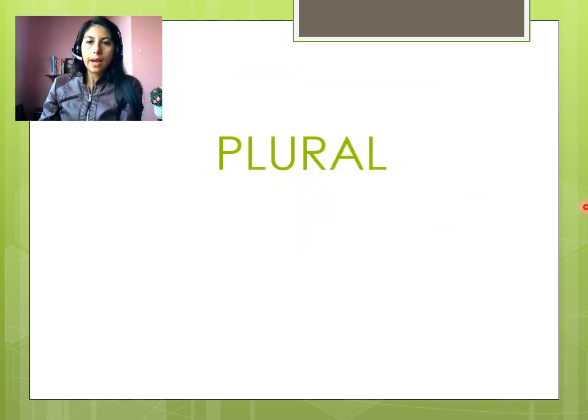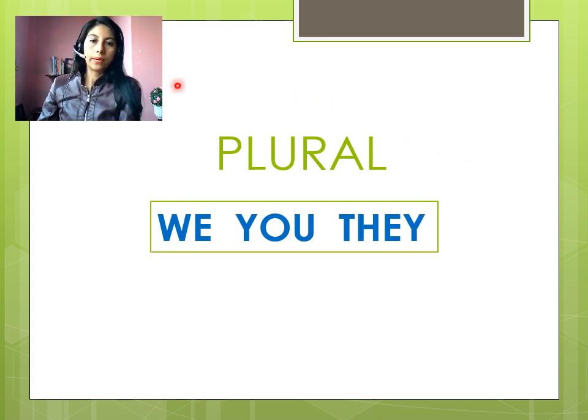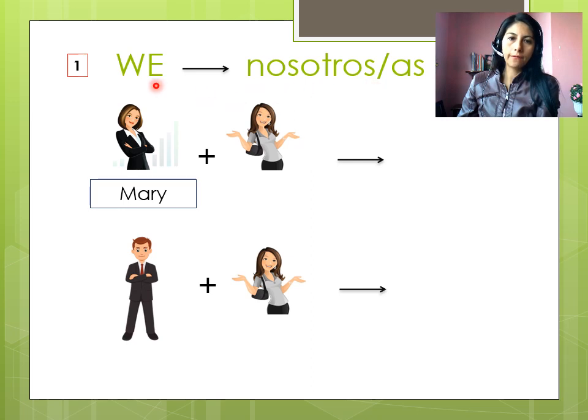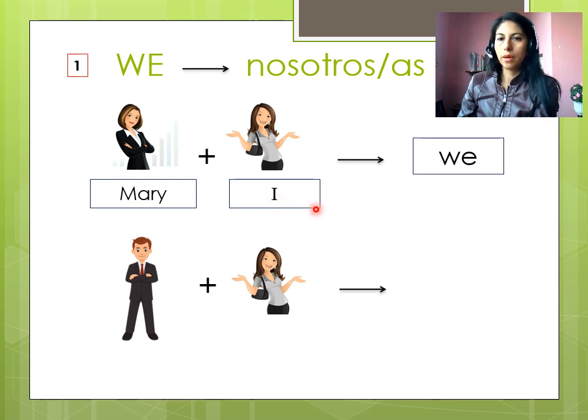Now, let's talk about the plural form. Remember, we have three: we, you, and they. We, in Spanish, nosotros, nosotras. Here, in my example, I have Mary. And I, we.